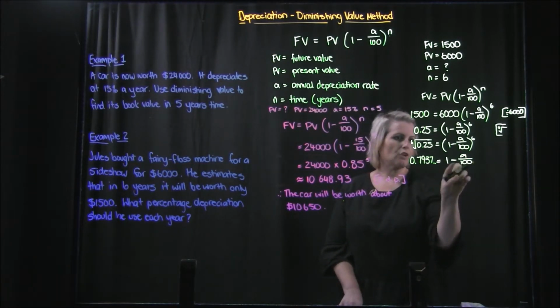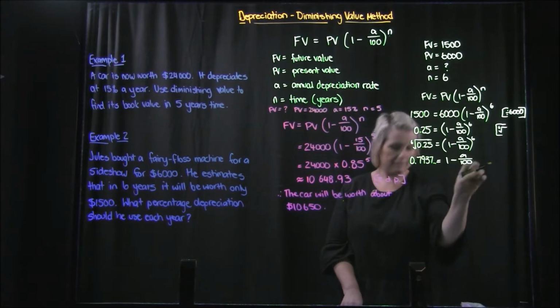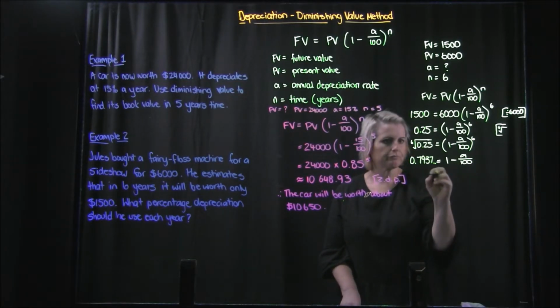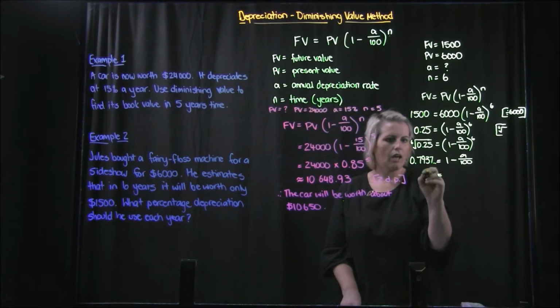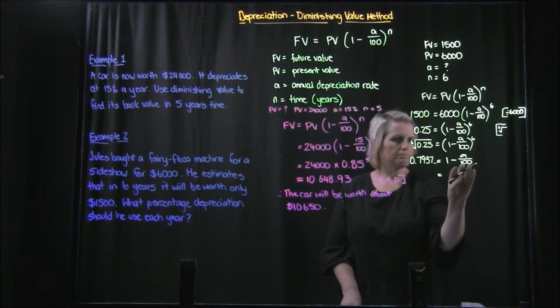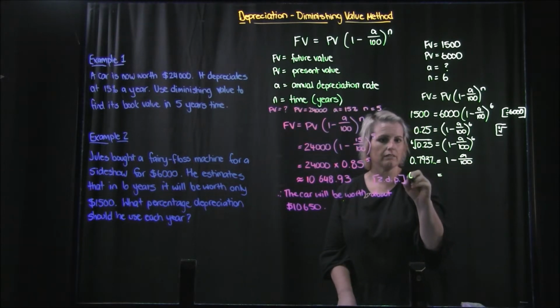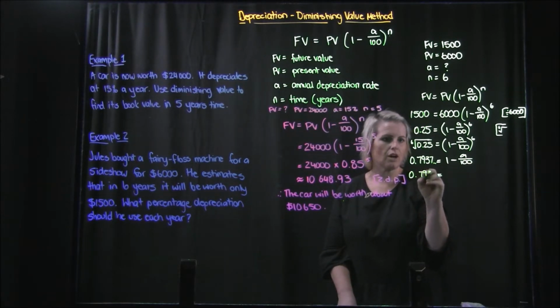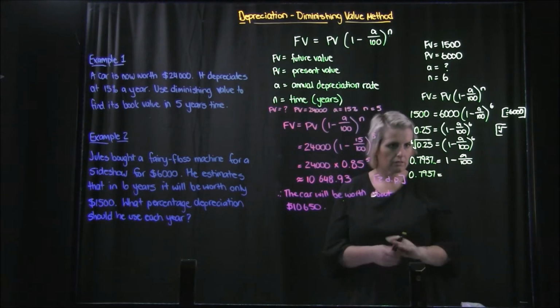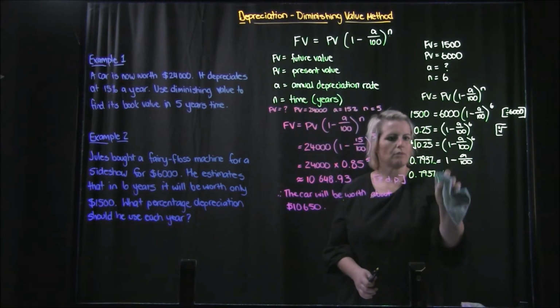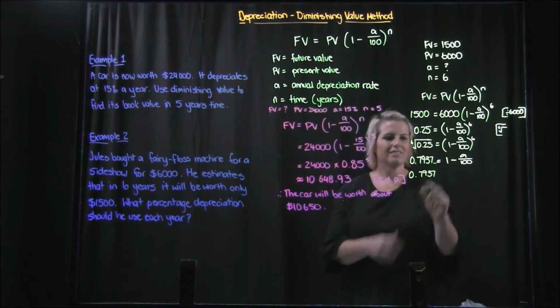So then basically if I've got 1 minus this amount, I might just take this amount from this side, so I'm going to add it over here, 0.7937. Sorry, I'm running out of room because of the side there.